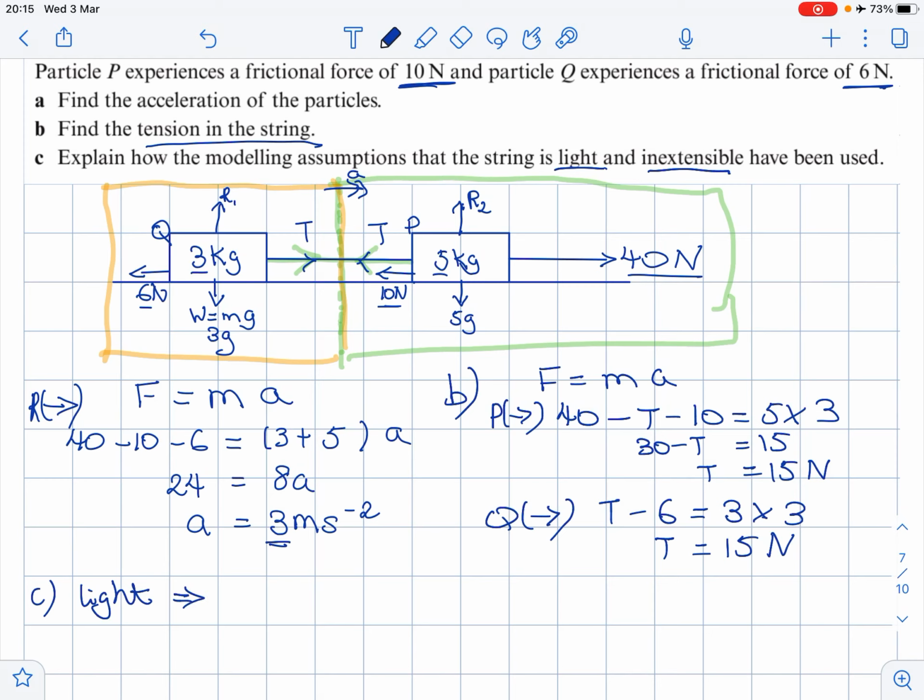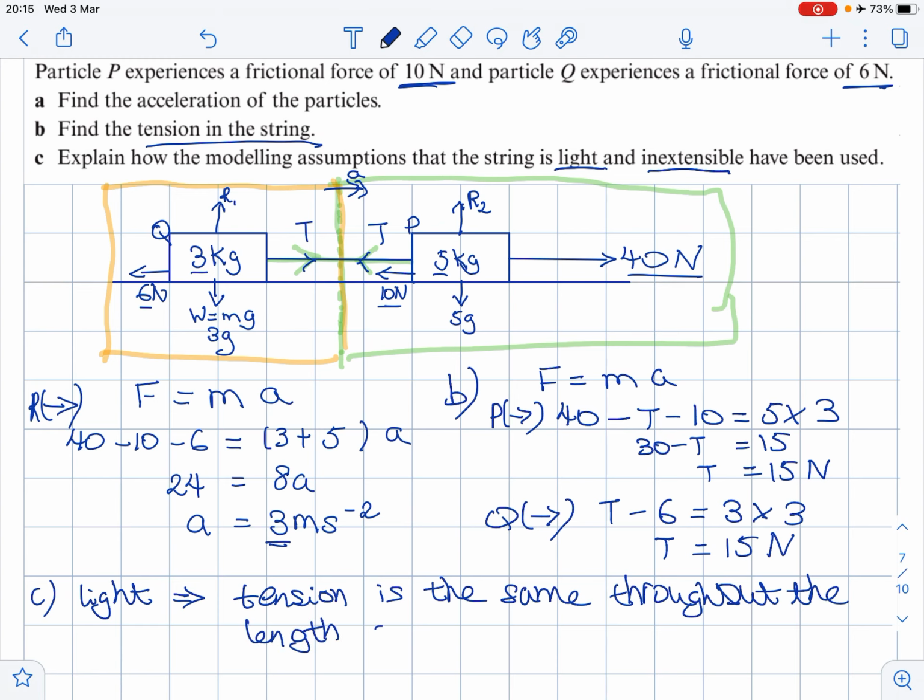So the light just means that the tension is the same throughout the length of the string.